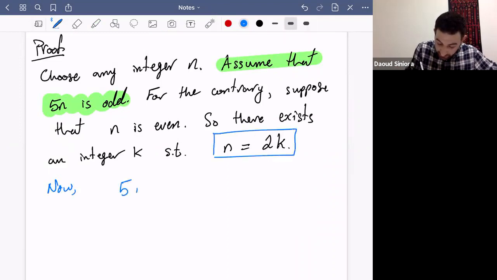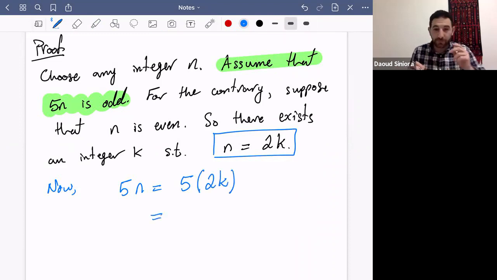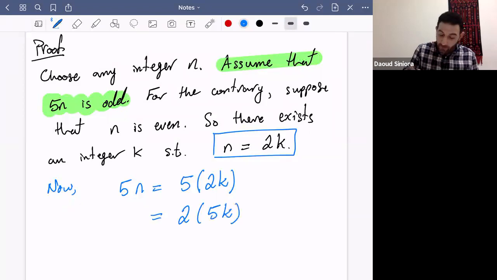Now 5n is equal to 5 times 2k. But by associativity and commutativity of multiplication, this is equal to 2 times 5k. But since k is an integer, 5k is an integer.